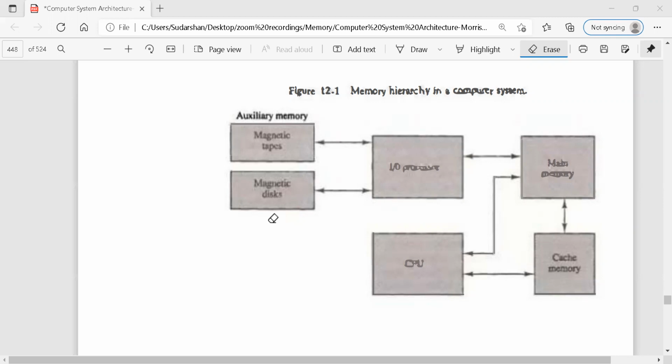In the second session, we went into detail about the aspects of different types of RAM, namely static RAM and dynamic RAM. Within dynamic RAM, namely SDRAM, synchronous dynamic RAM, and Rambus dynamic RAM.